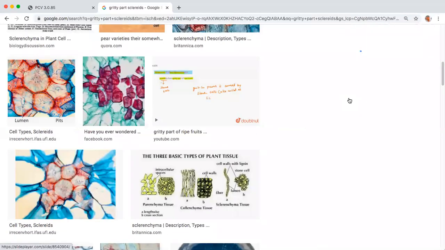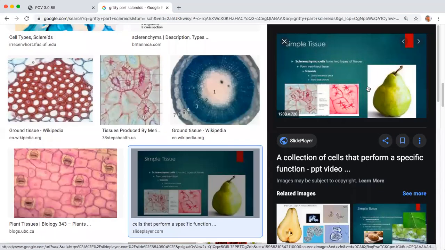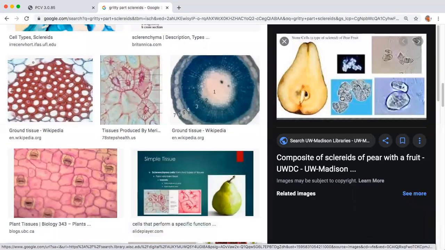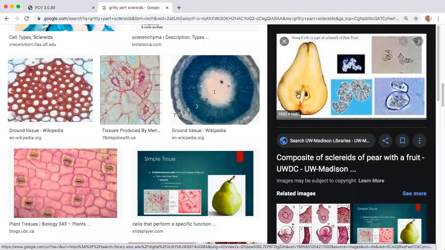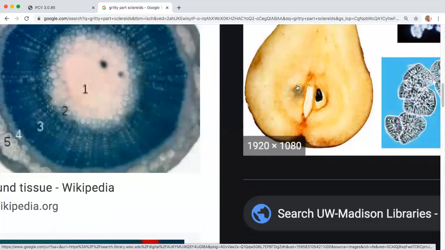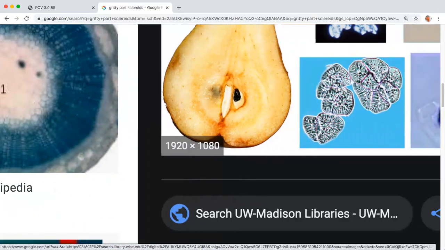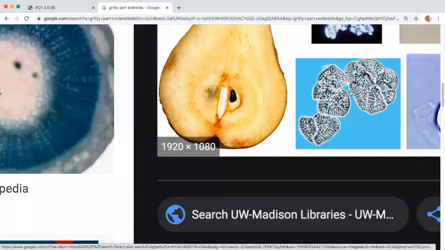You see this one, they have taken some of this part of this pear. Okay, you see this thing. If you are taking a pear here, this part is like gritty. This part will be gritty. If you are going to take this part and see it, you will be able to see this thing, if you are seeing it under a microscope.